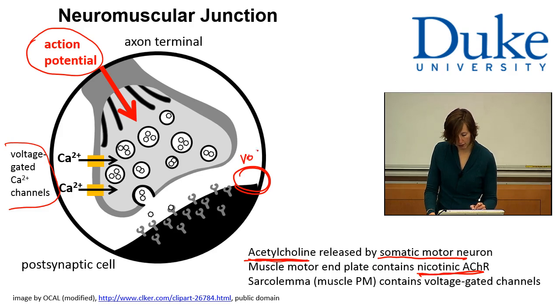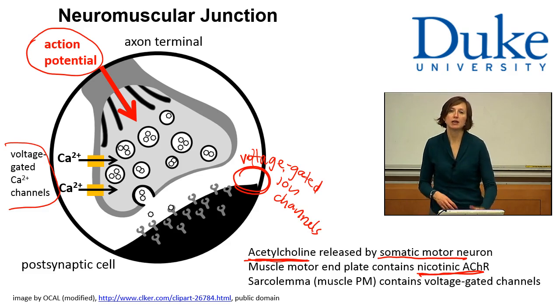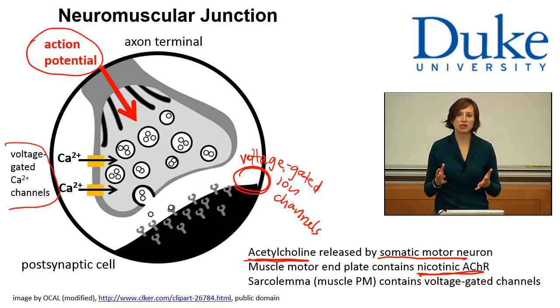However, keep in mind that right next to this synapse on the skeletal muscle plasma membrane, we're going to have voltage-gated ion channels, which is going to be somewhat unique compared to what we saw with neurons. So that means that basically we are having a synapse, what would be equivalent to the axon initial segment.